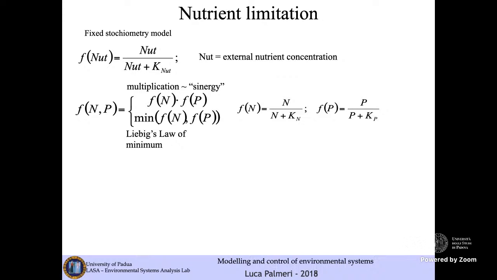So we may multiply the different limiting functions, or more often you may find the so-called Liebig's law of the minimum, in which you assume that the important limiting function for the process that you are studying is that of the minimum value of the pool of the limiting functions. This is to say that what is limiting the growth is the nutrient that is present in the smallest quantity.